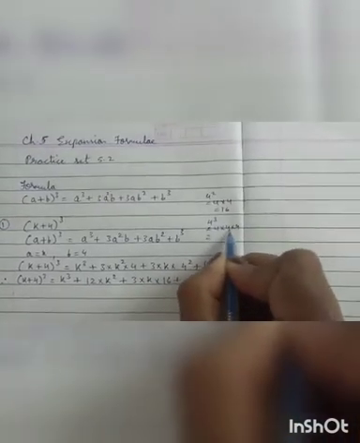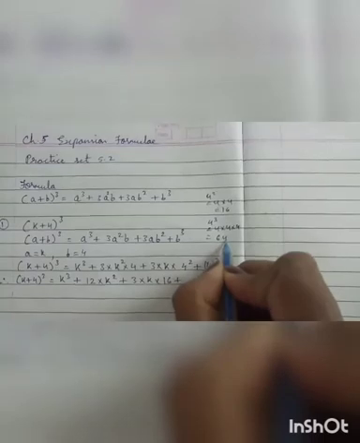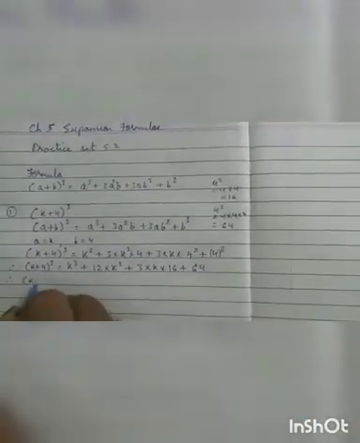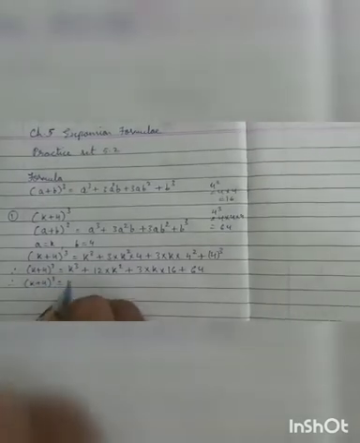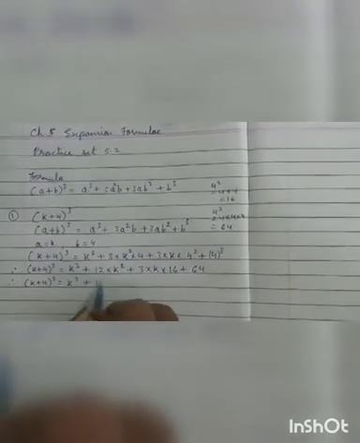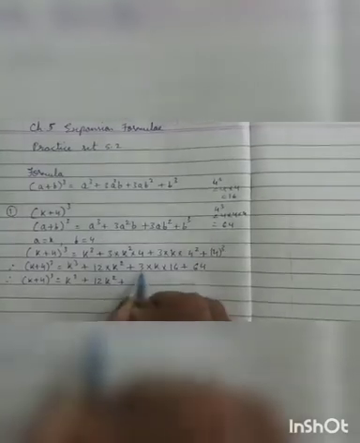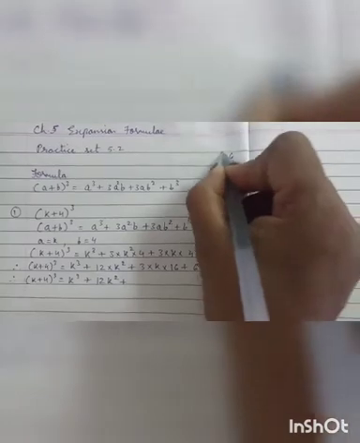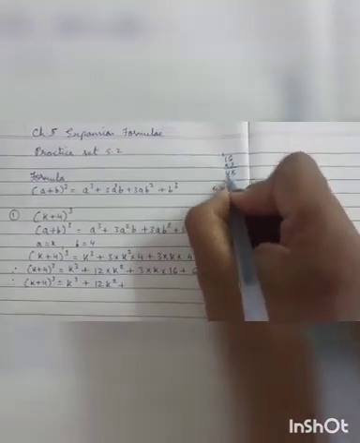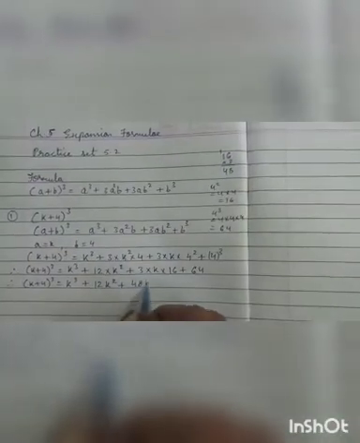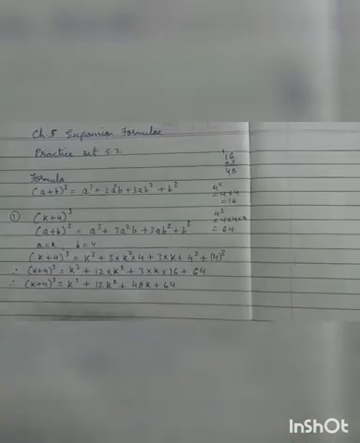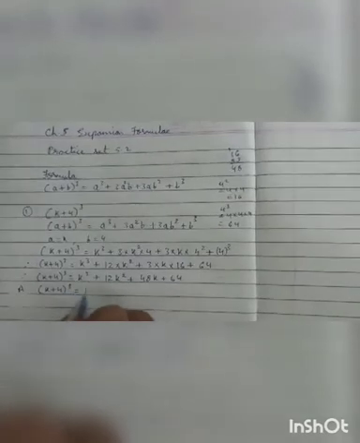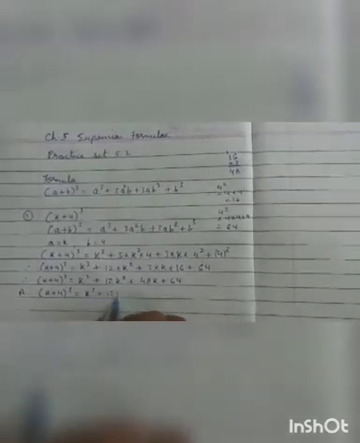So 4 4s are 16, 16 4s are 64. Therefore (k + 4)^3 equals k^3 plus 12k^2 plus 16 3s are 48k plus 64. Okay, so our answer is (k + 4)^3 equals k^3 + 12k^2 + 48k + 64.